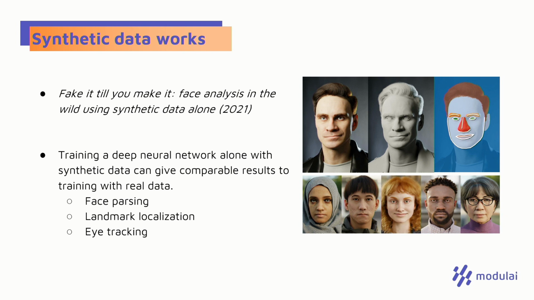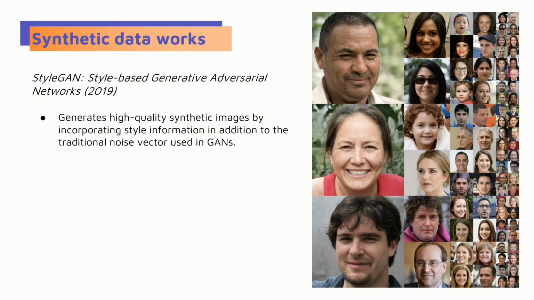And they compared this model to a model trained with only real data. And their findings were that their model trained with only synthetic data was performing very similarly, in some cases even better, than the model trained with real data. Another very important paper in synthetic data is StyleGAN.